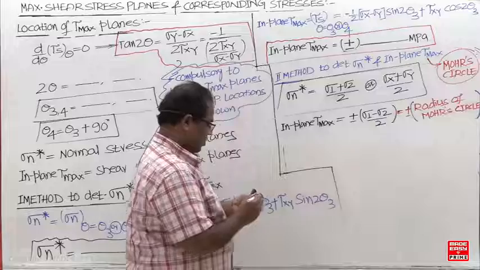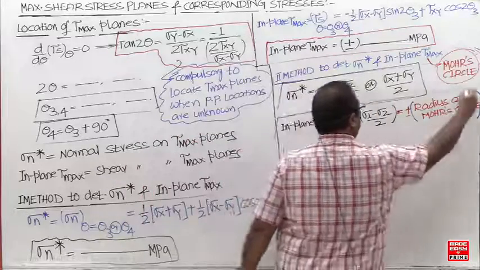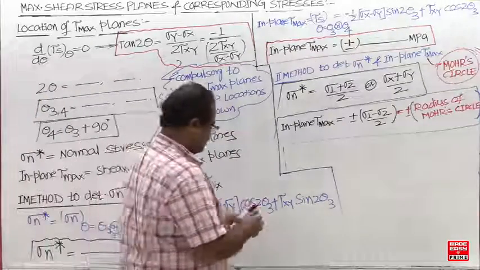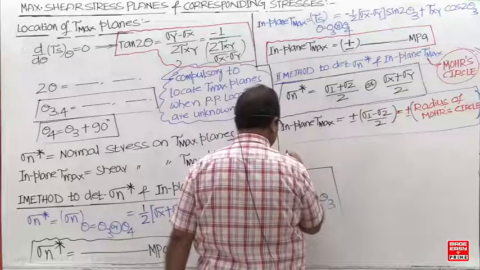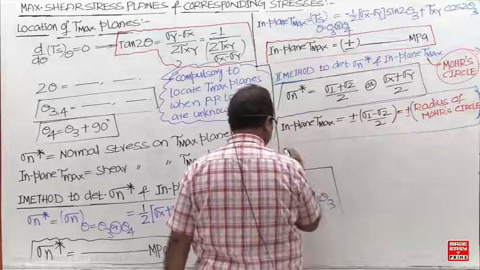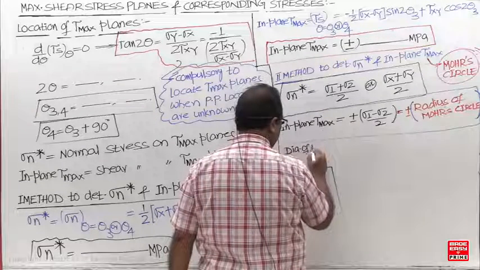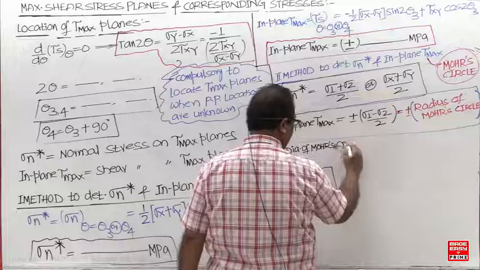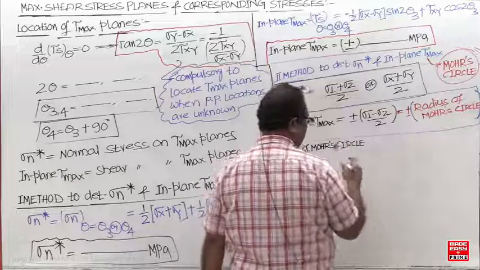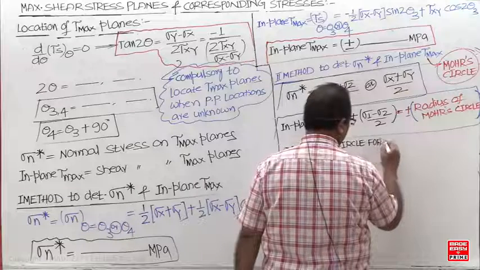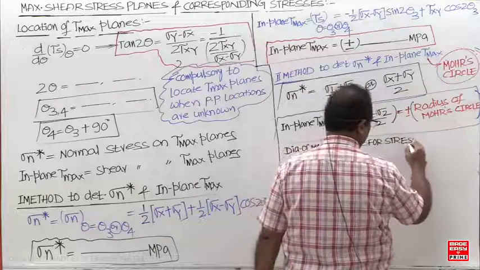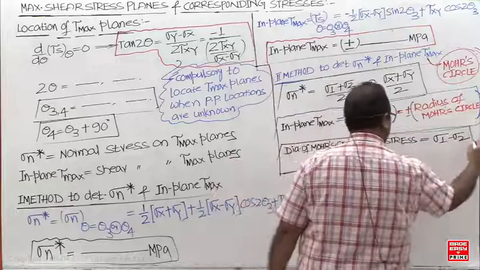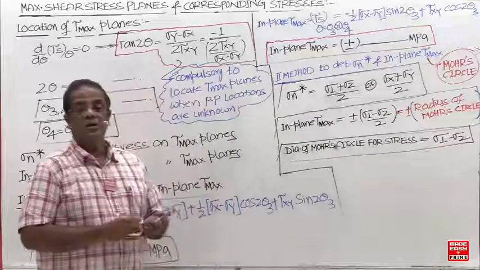The diameter of the Mohr circle for stress is equal to sigma 1 minus sigma 2.